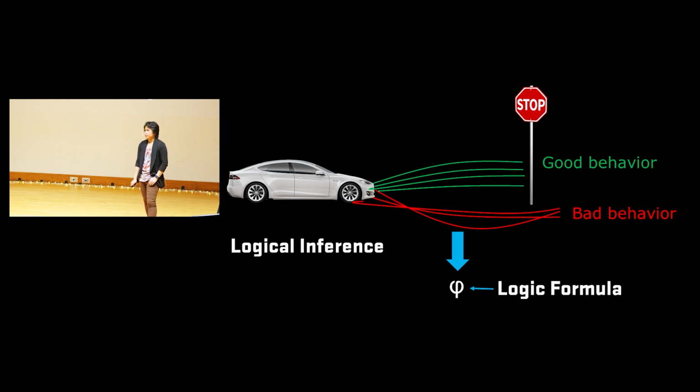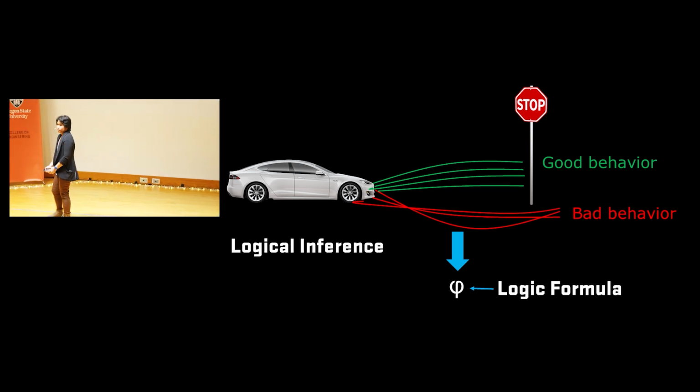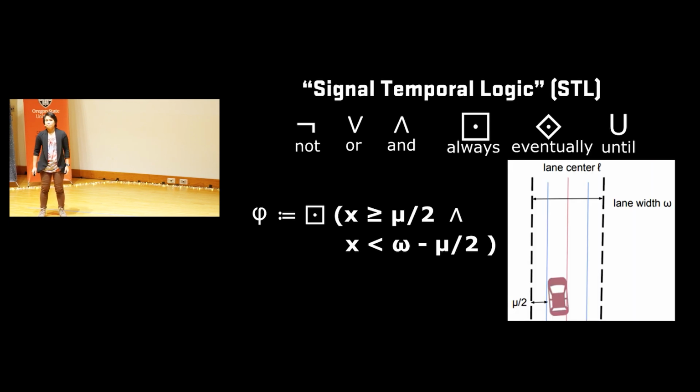And you can think of logical inference as kind of like reverse engineering the outputs of a black box system to get some sort of instructions of how it works. And with those instructions and an understanding of how that system works, we can then go and make it better, safer, more reliable. The logic I'm working on in my research is called signal temporal logic, or STL. And it's a mathematical language that includes simple Boolean operators and sometimes unique temporal operators.